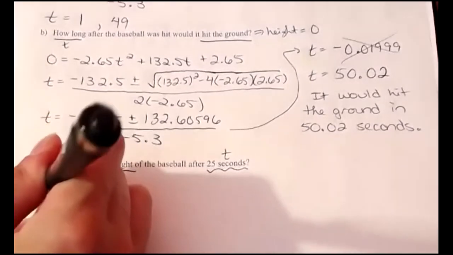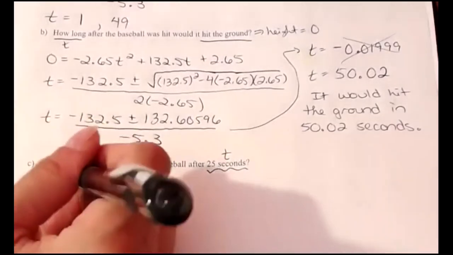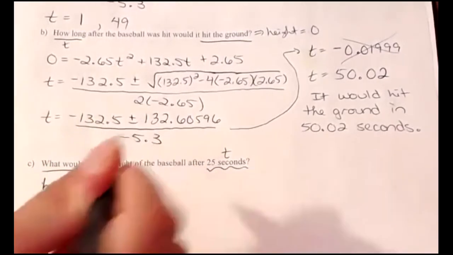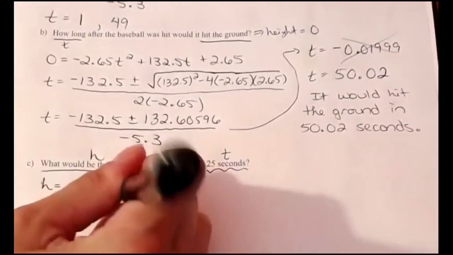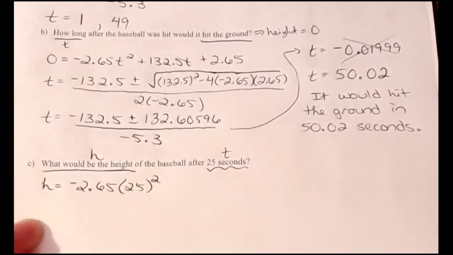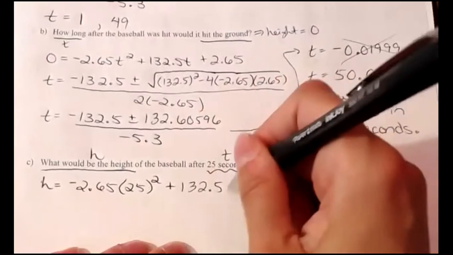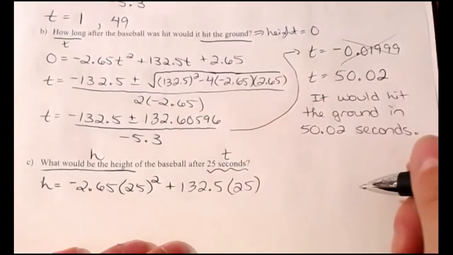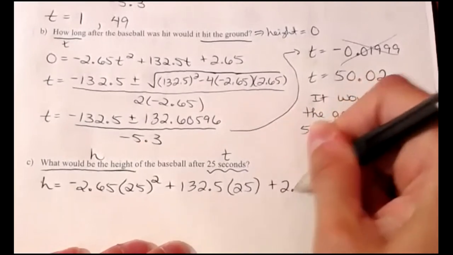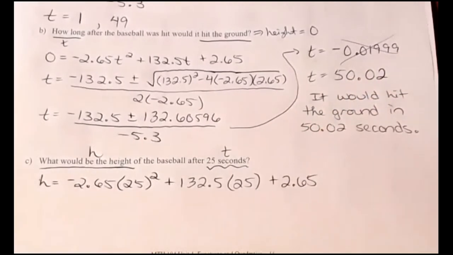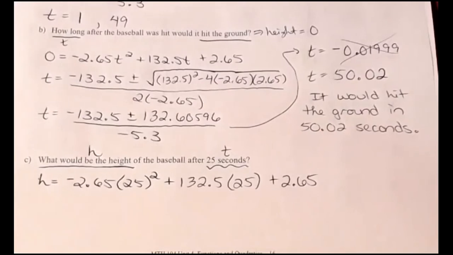We still have the equation, which is negative 2.65 t squared plus 132.5 t plus 2.65, and we're just subbing out the t with 25. Remember, you're always using the original equation. So let's punch this into our calculators. Negative 2.65 times 25 squared, plus 132.5 times 25, plus 2.65.